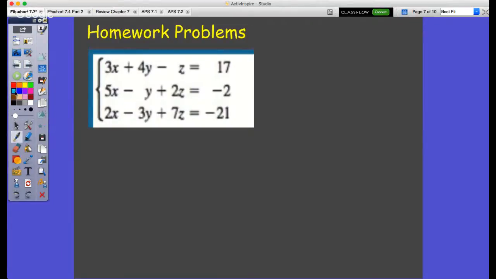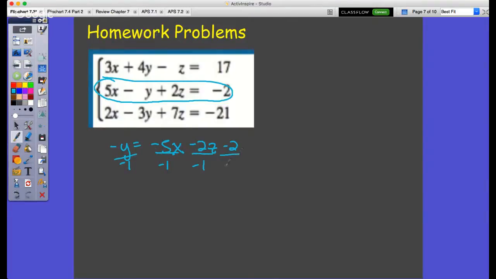All right, let's look at the homework problems real quick. Notice on this one that we could maybe substitute. Maybe use the middle one to get y by itself, which if I did it, I would subtract negative 5x and negative 2z. We get this, and then we could divide by negative 1 on all these values.